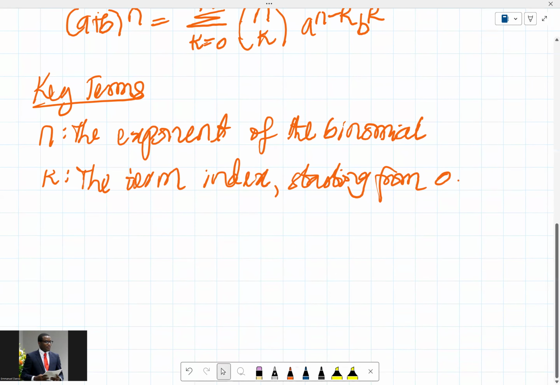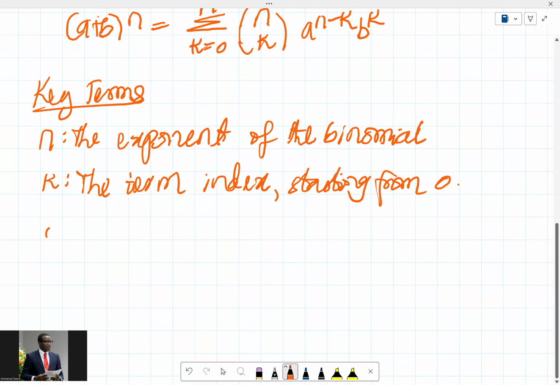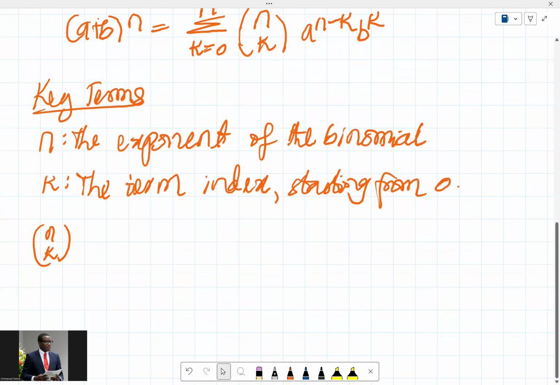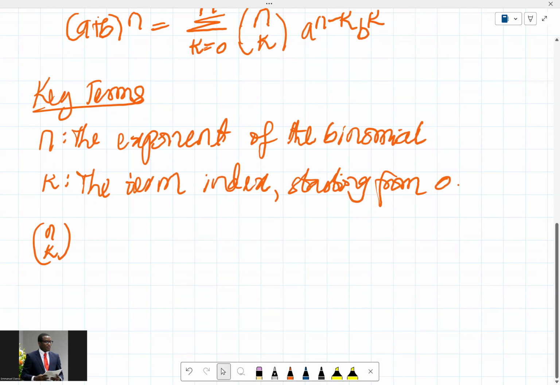Then you have n combination k, which is really important. I think I should make a playlist on permutation and combination, or rather on that part of math that deals with counting, combinatorics. Probably one of these days I will do something on combinatorics.